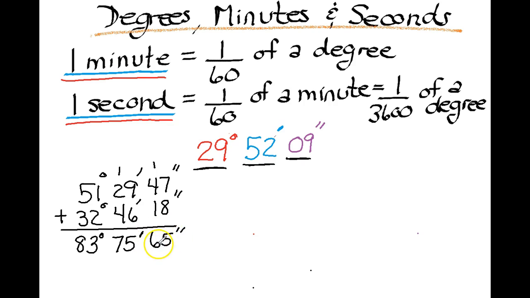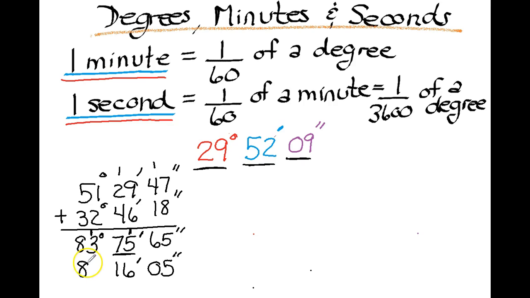So let's go ahead and adjust our minutes and seconds so that we're in the proper form. So 65 seconds is really 5 seconds and 1 additional minute. So I'm going to carry that 1. Now we have 76 minutes here, so that's 1 whole degree and 16 minutes.